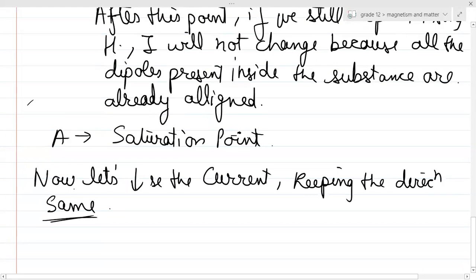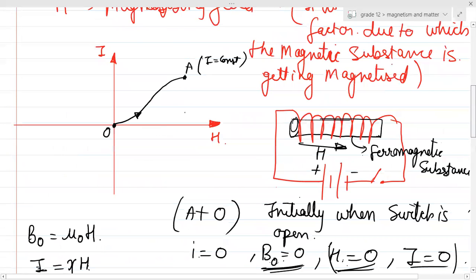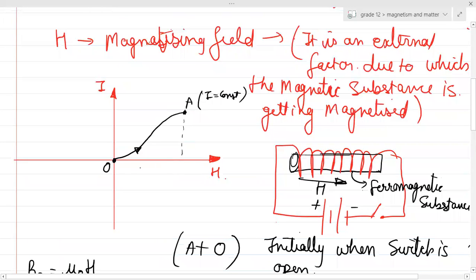The direction of the current is kept same, but we are decreasing the value of the current. What will happen when I do so? Can anyone tell me? The value of H will change, right? The value of H which came over here will start decreasing, right? But will it change the direction? Will it go to this hand side? No, right? Yes or no?